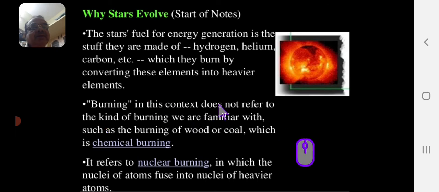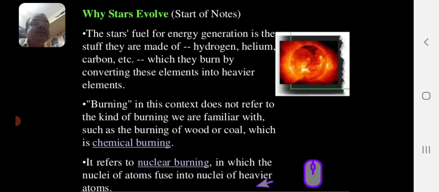In this context, it refers to nuclear burning. Burning here does not mean burning of wood or coal. It refers to nuclear burning, in which nuclear atoms fuse together to produce a heavier atom.